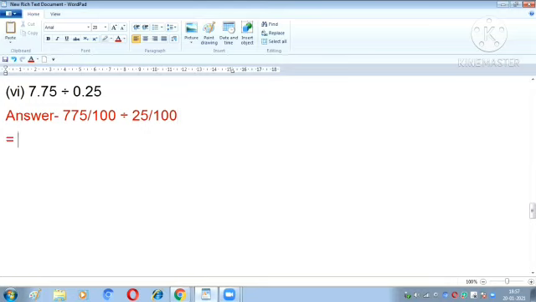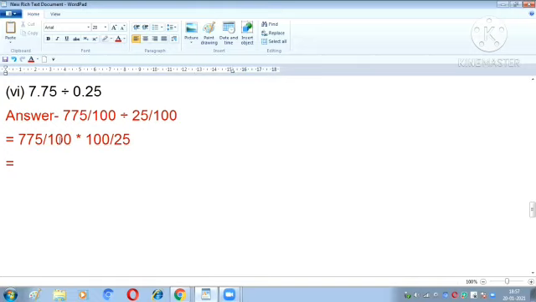Now this division sign will change to a multiply sign. So 775 upon 100 multiplied by the reciprocal of 25 upon 100, which is 100 upon 25.